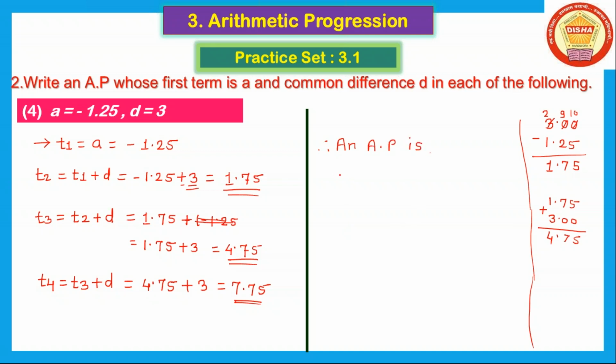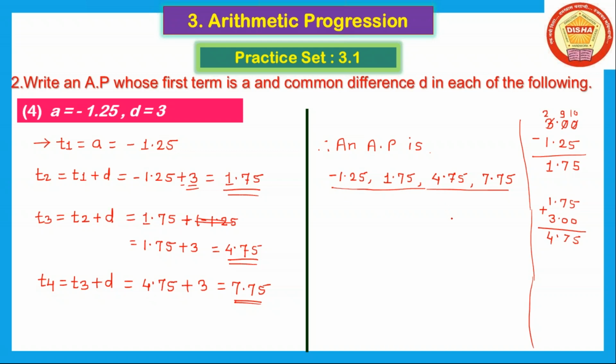First term is negative 1.25. Second term is 1.75. Third term is 4.75 and fourth term is 7.75, and this is our final answer. Okay, we find here at least 4 terms.